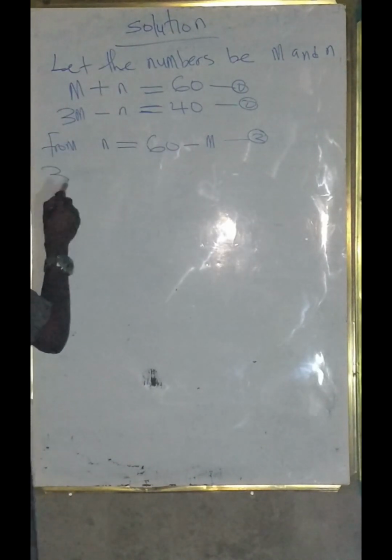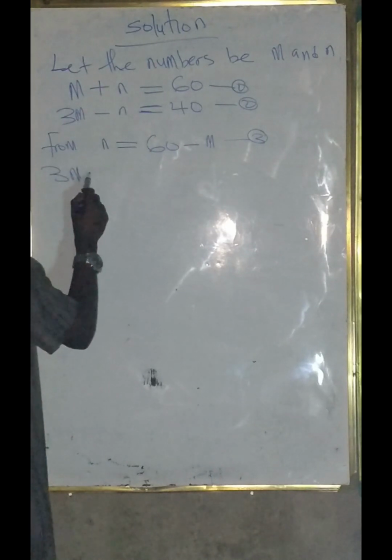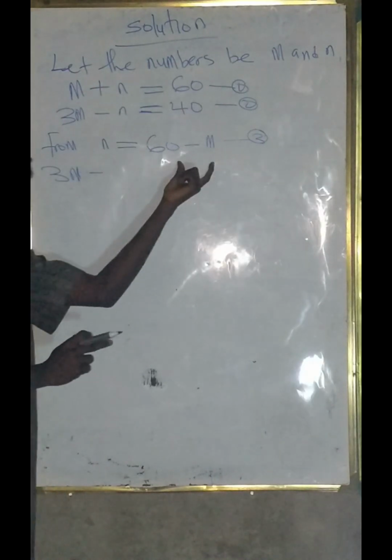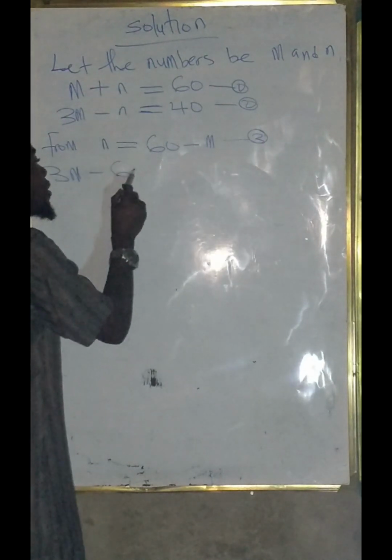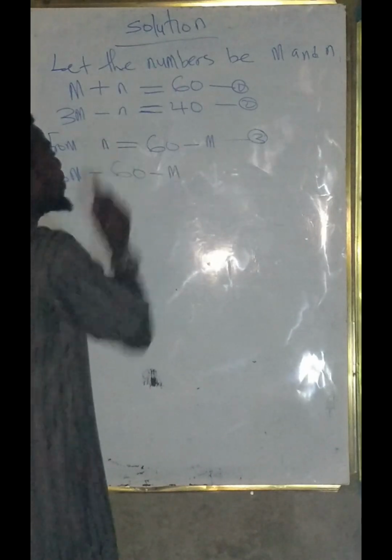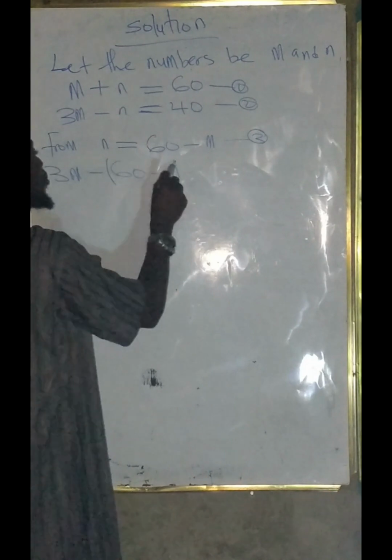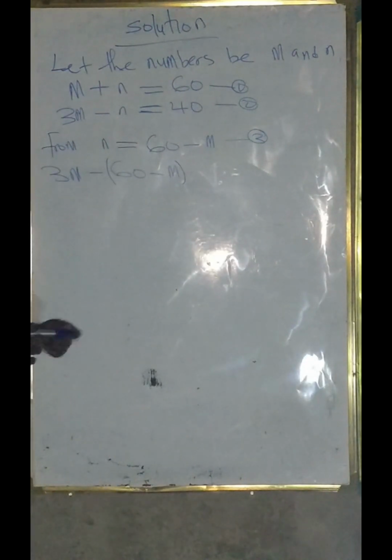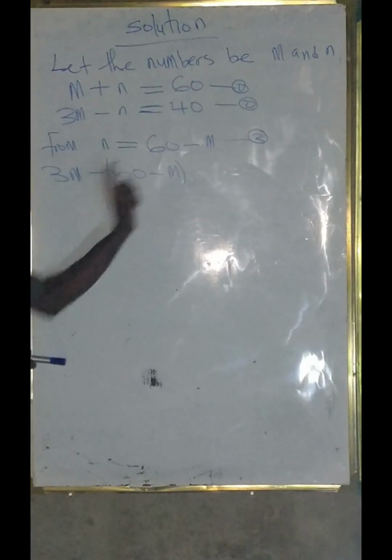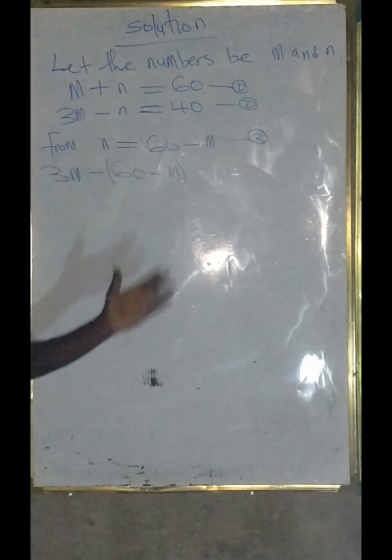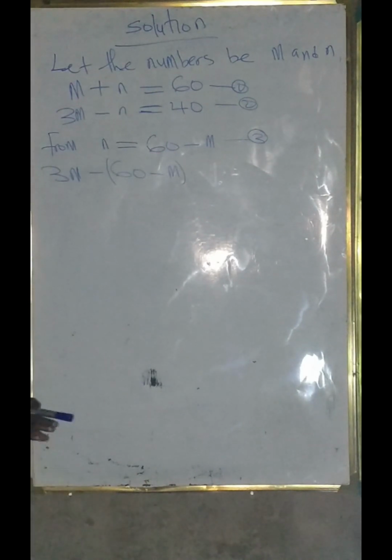So we have 3M minus N. Already we have a value for N, which is 60 minus M. Let me put this into brackets. Why? Because the sign here is negative and the sign here is also negative, so you put them into brackets so that you can multiply.